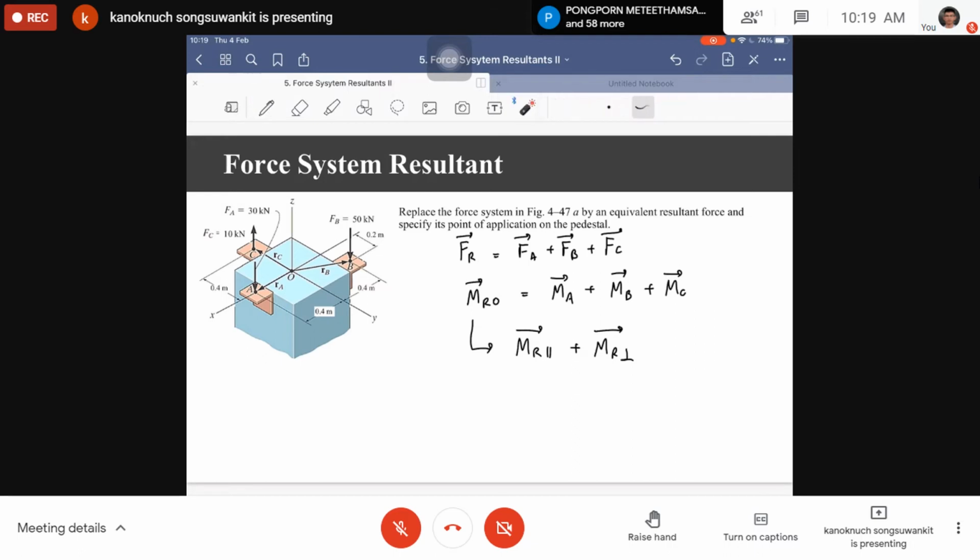Okay, the next step is to get rid of this term. So to get rid of this component and also MRO, it will leave only the FR on the system.